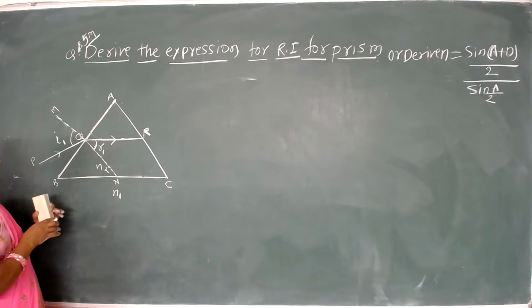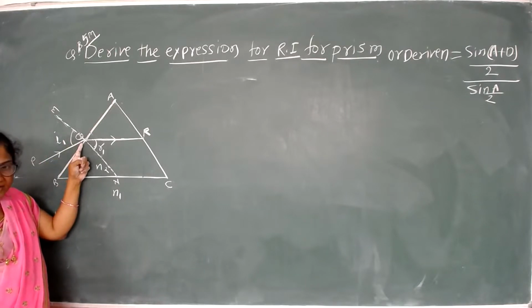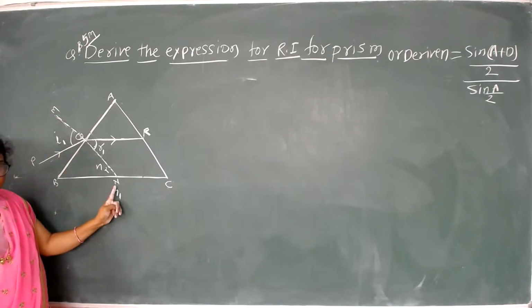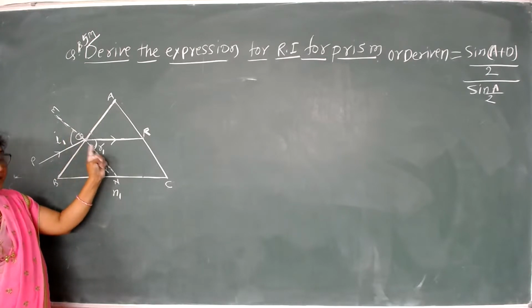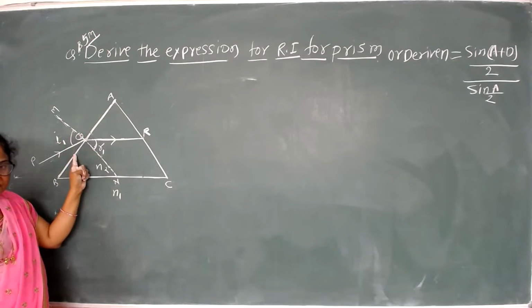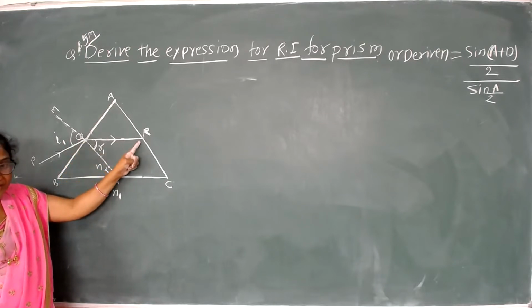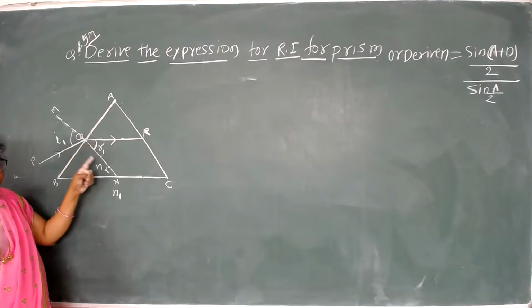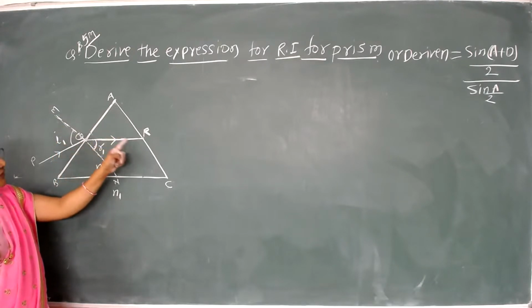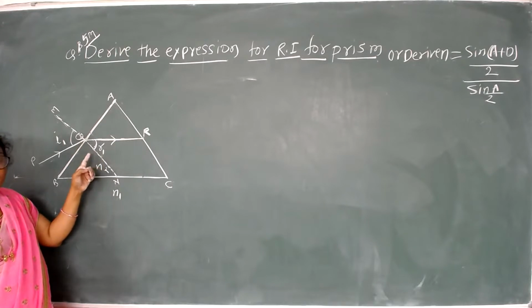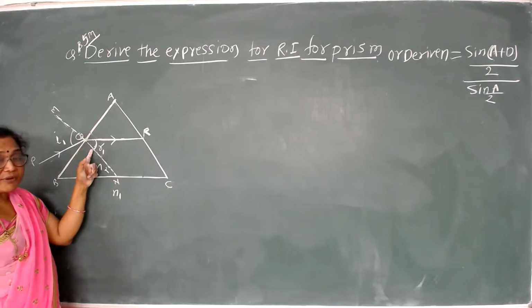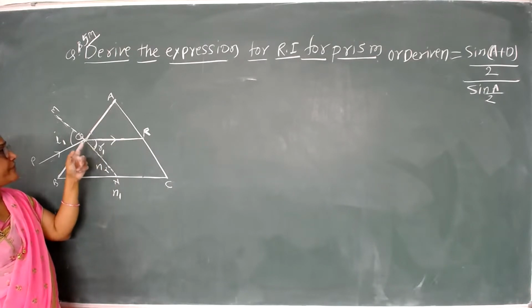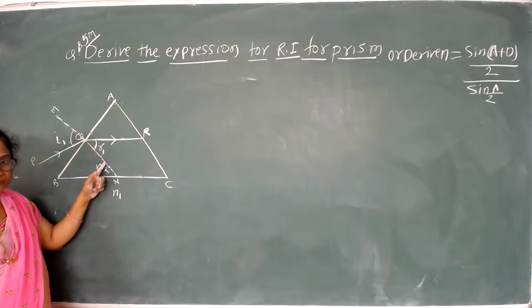Label the diagram. PQ be the incident ray. The angle which is found in between the normal ray and the incident ray is known as the angle of incidence. QR be the refracted ray for the first surface AB, and the angle which is found in between the normal ray and the refracted ray is known as the angle of refraction, and this angle of refraction is for the first surface, that is R1.